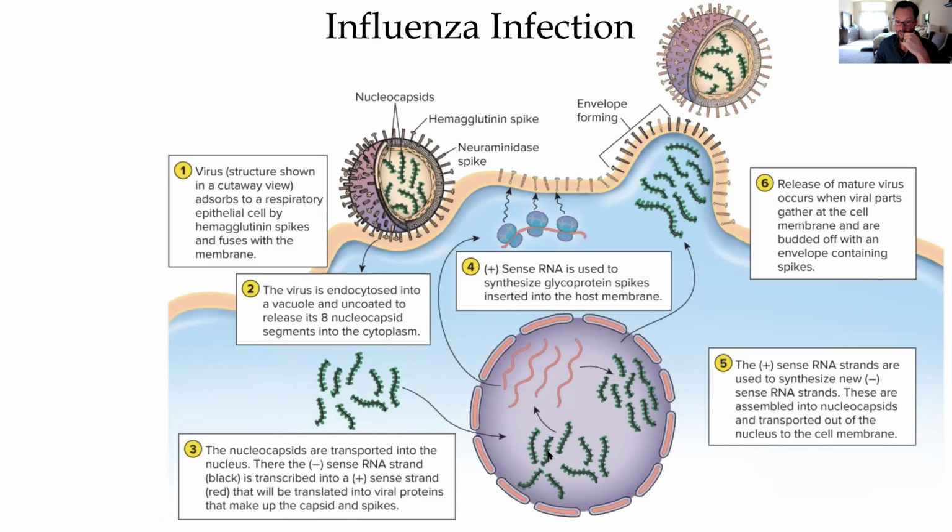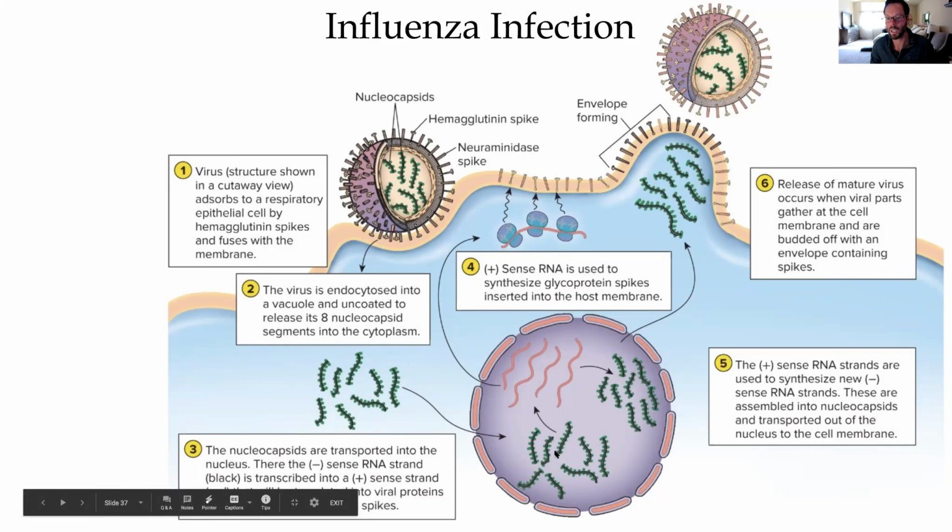And then from there, it's going to transcribe that into positive sense RNA, which, remember, if it's positive sense RNA, it can go straight to translation, right? If it's negative sense RNA, it's got to first make positive sense RNA, and then that gets translated, right?